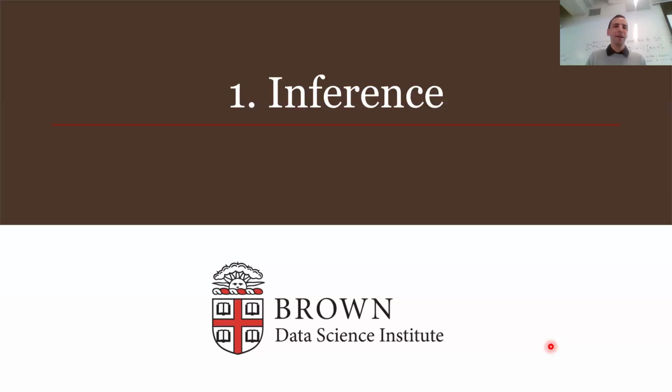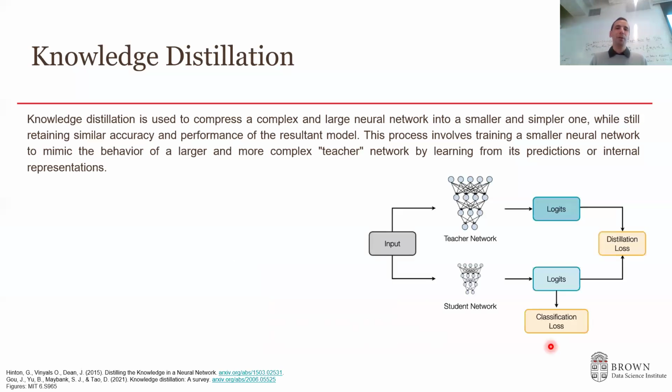Right. Good. So the first method I want to discuss is knowledge distillation. Here we assume that we already have a very good model, right? For example, let's call it GPT-6. It's a large model, it costs a lot of money to run, and it takes time to output.